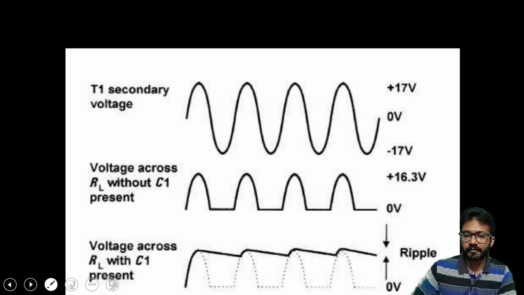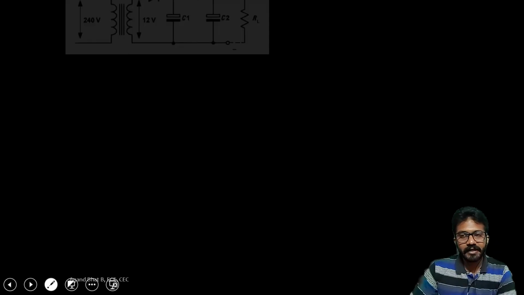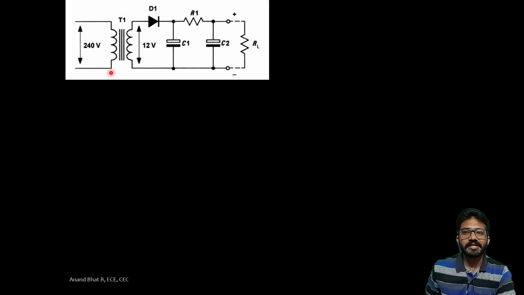And still, if we are not happy with the output we get from the smoothing circuit, we can go for an additional stage of smoothing by adding one extra resistor and one extra capacitor. It comes with added cost.